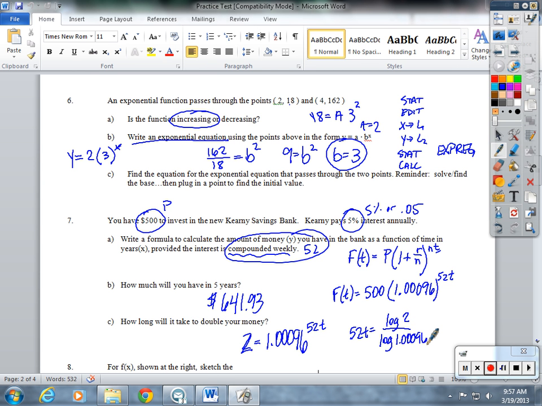The log of 2 divided by the log, my answer, is this, and then I divide that by 52, and I get 13.87 years. Okay, 13.87 years for your money to double. That's a long time. However, you had $500, now you have $1,000, and you did no work to earn that. And I'm going to go ahead and stop this for now, and we'll come back and do some more later.